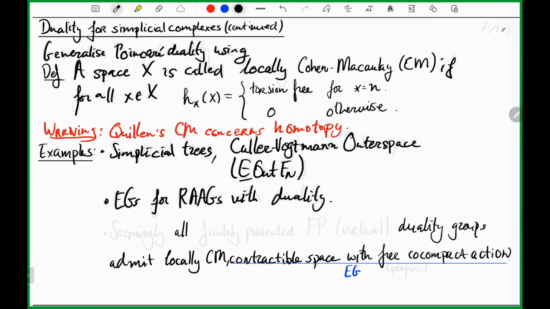So whenever you have a right-angled Artin group that has duality, you can show that the natural classifying space associated to it has this Cohen-Macaulay property as well. Do you have a characterization of groups with duality? Yes, there's a paper by Brady and Meier. I think this is the right spelling of Meier.